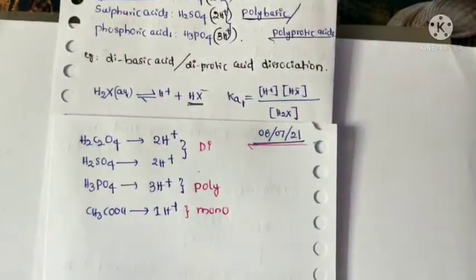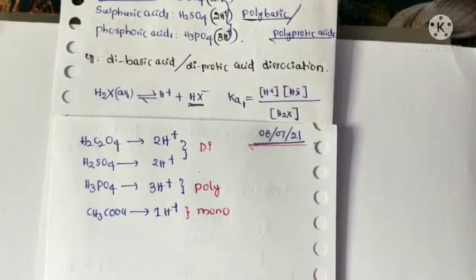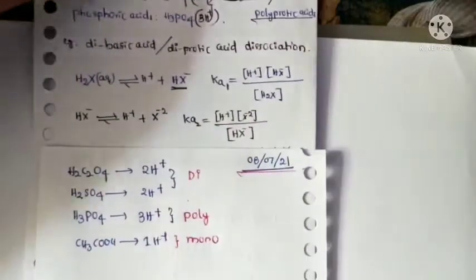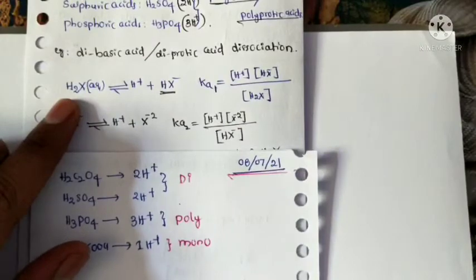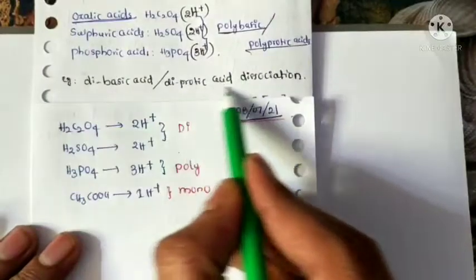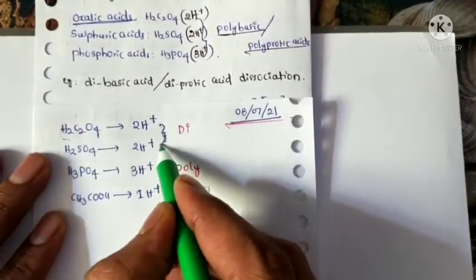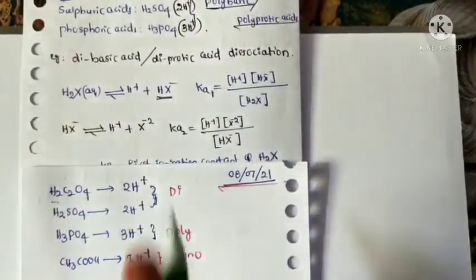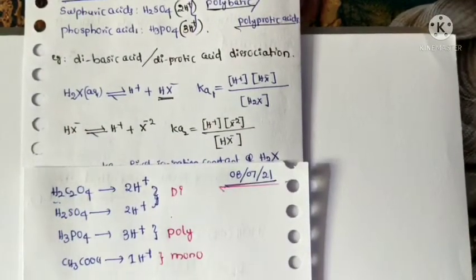Now, how can we write the dissociation whenever an acid produces two protons? In your book one example is given, that is a dibasic acid dissociation. We take two examples here, oxalic acid and sulfuric acid.